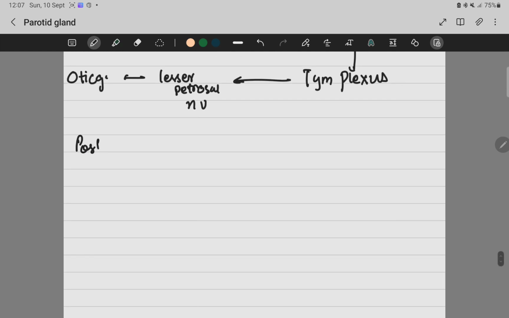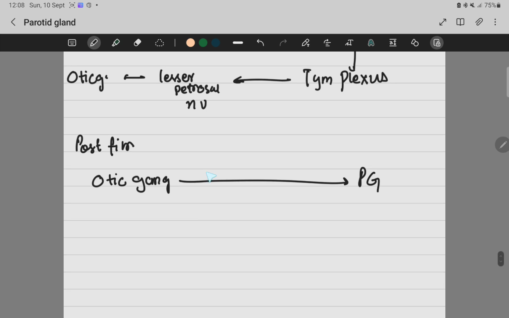And the postganglionic fibers arise from the otic ganglion and reach the parotid gland, traveling through the auriculotemporal nerve.